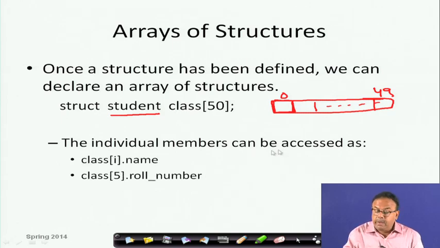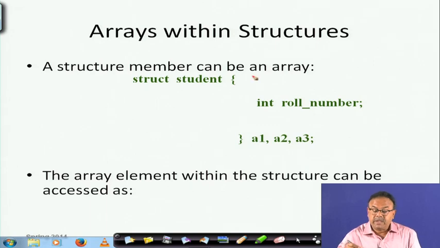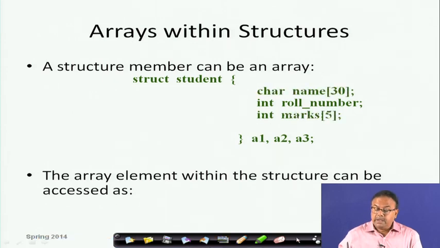The individual members can be accessed by class, whichever element I want to have. Say for example, struct student, one field is int roll number, there is a name, there is marks and character. So, this is the student and I have got 3 variables A1, A2, A3.